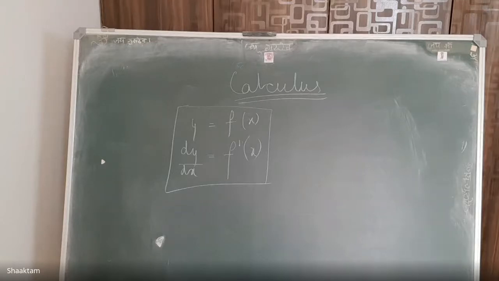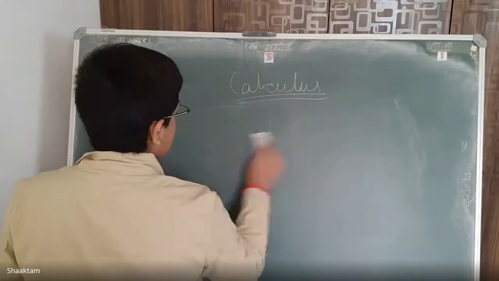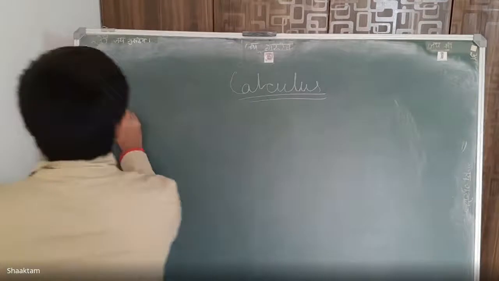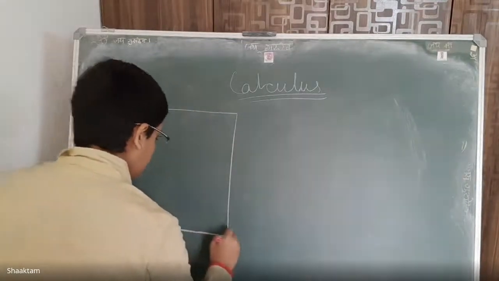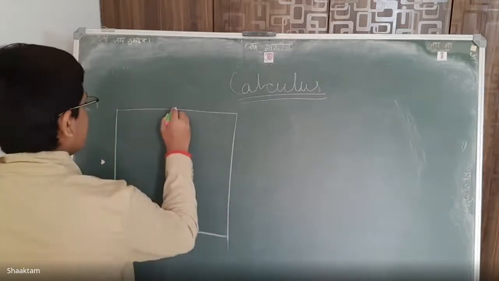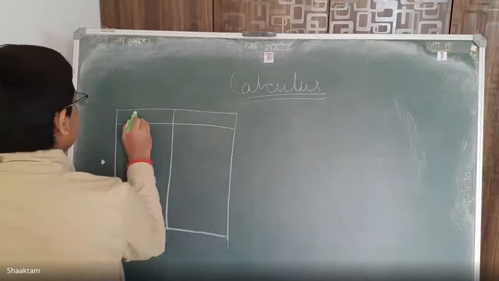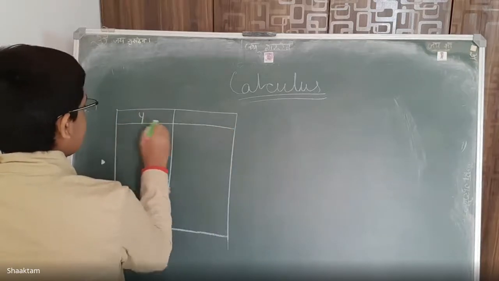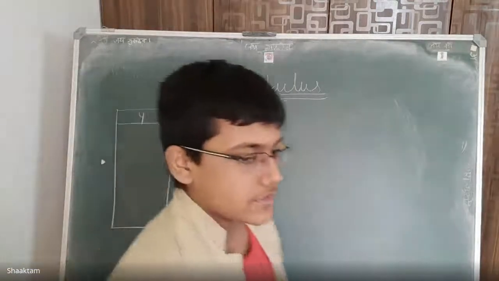Now let me inform you of the formulae. Let me make some space. First of all, I'll draw a table. So if this is y, then on this side there will be dy by dx. First value.